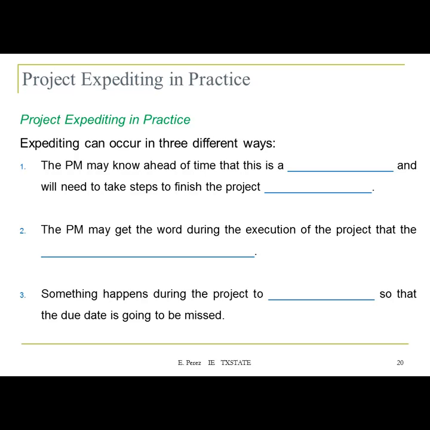Now, in terms of project expediting in practice, this can occur in 3 different ways. The project manager may know ahead of time that this is a time-critical project, and will need to take steps to finish the project as early as possible.